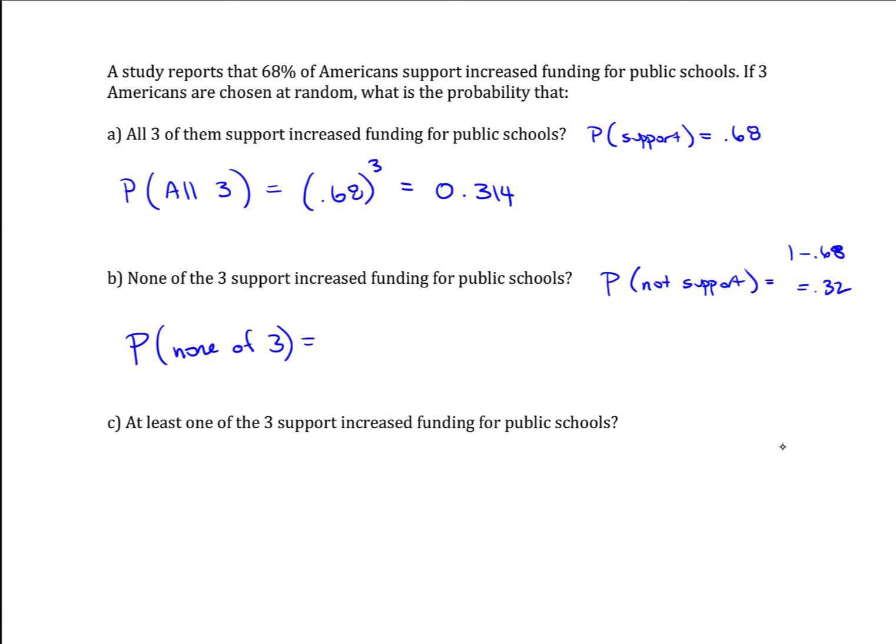So if 68% are in favor of it, then the complement of that is 32%. So the probability that one person does not support it is 0.32.